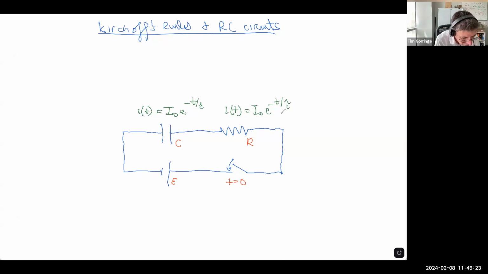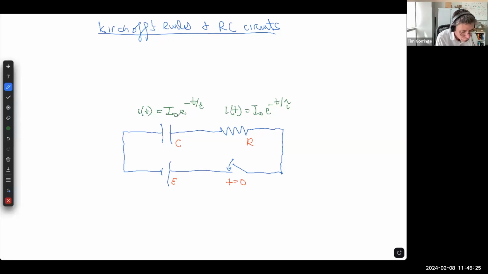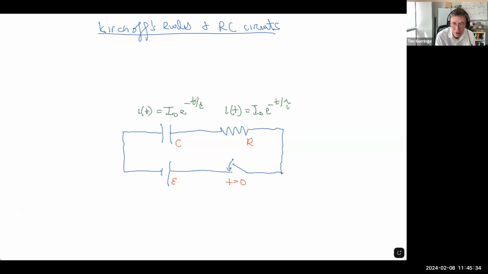Over on the right-hand side of the equation, I've got I naught times a function of time. It's an exponential function where the exponent is a negative exponent, and the exponent involves the ratio of the time, the variable, to a parameter that's the time constant, which is equal to RC.